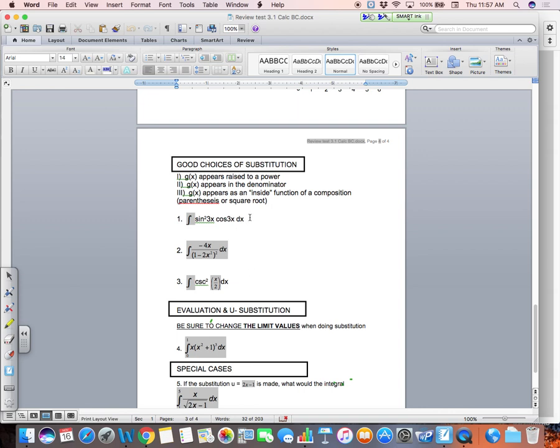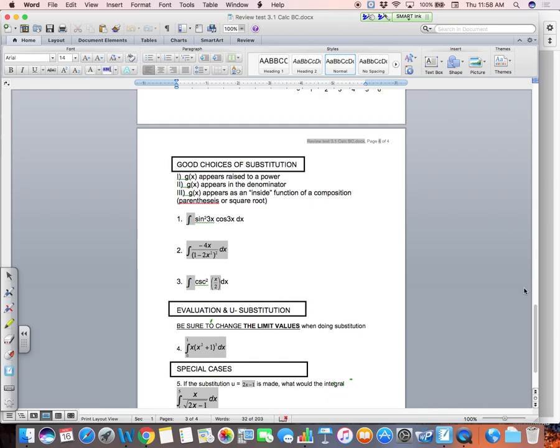What would you let u be for the first one? Sine 3x. How about the second one? And on the third one, you let u be x over 2, because cosecant squared is the derivative of cotangent.